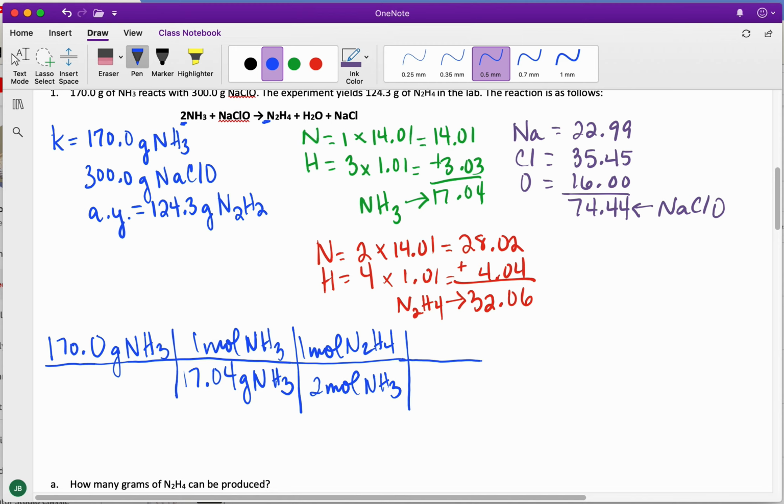And now we're going to do our molar mass of the N2H4. And our molar mass is 32.06.